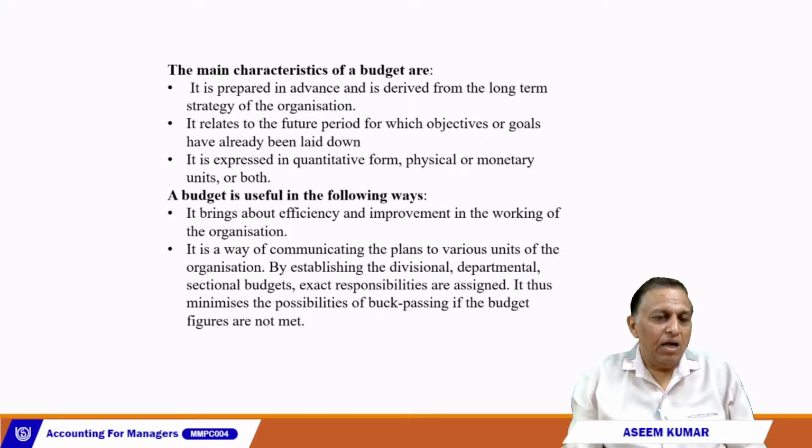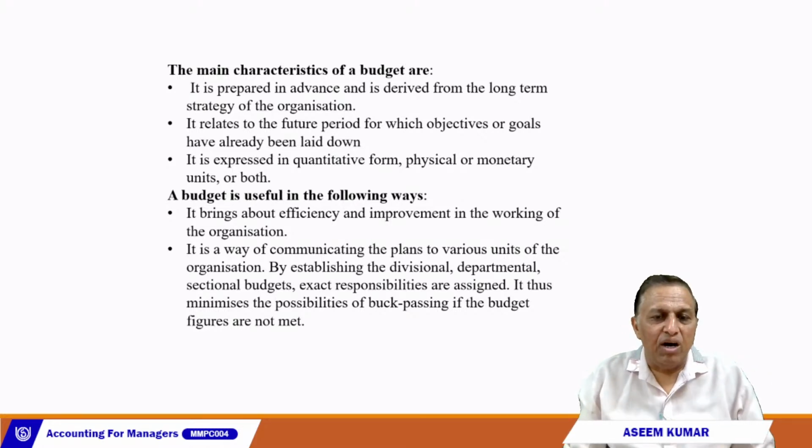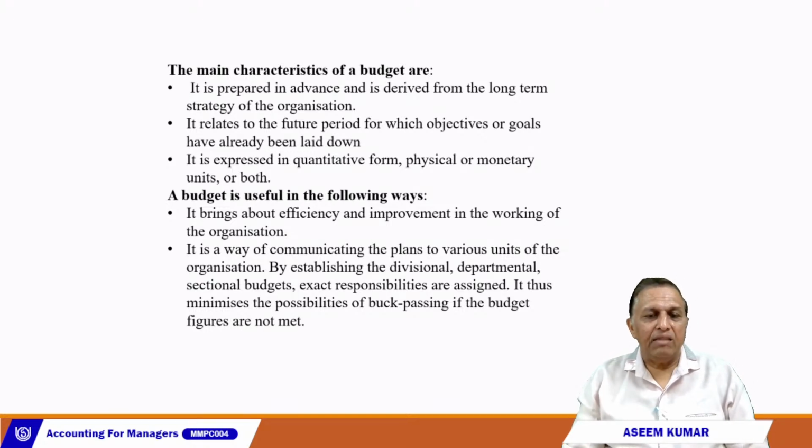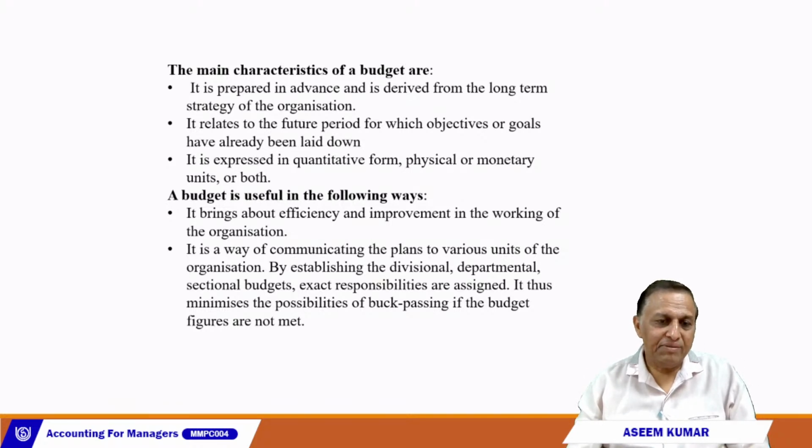So once you are informed well in advance that this is your parameter and these are your limits on the divisional level, departmental level, sectional level, they cannot pass the buck saying they were not aware, if their goals are not met.